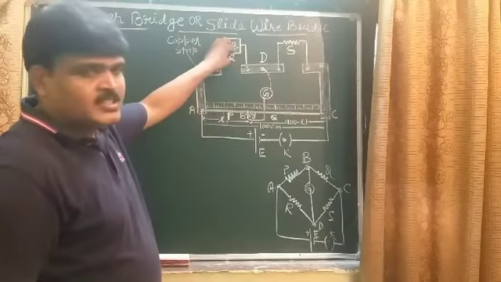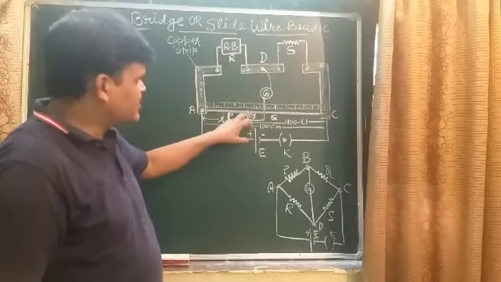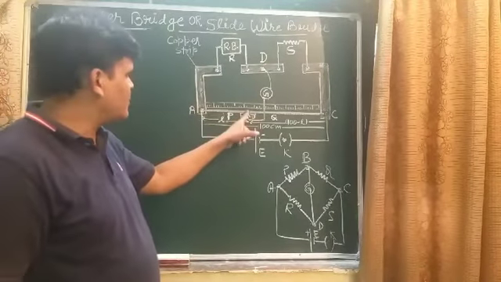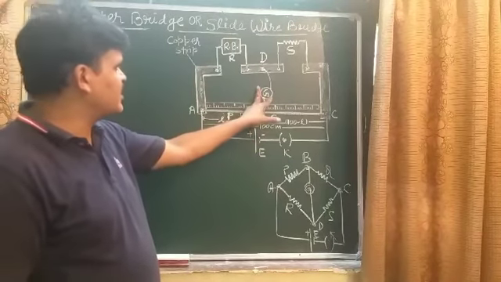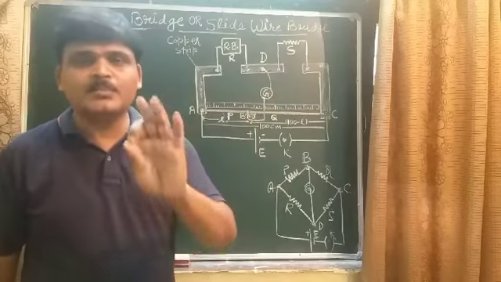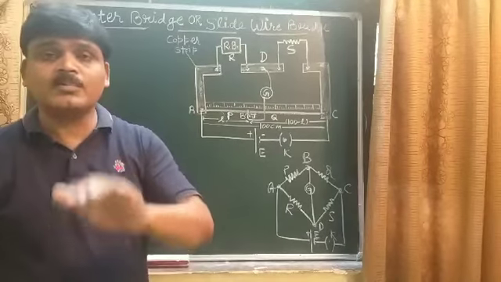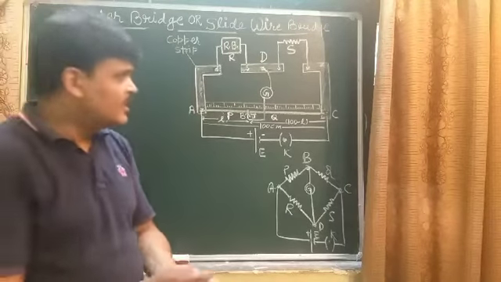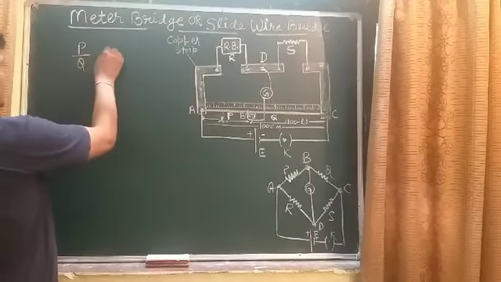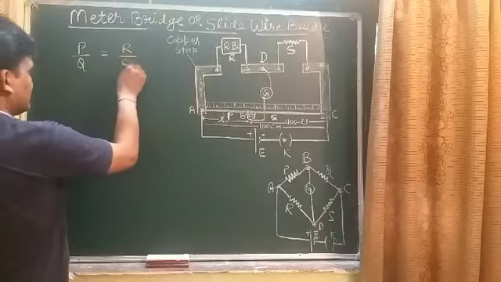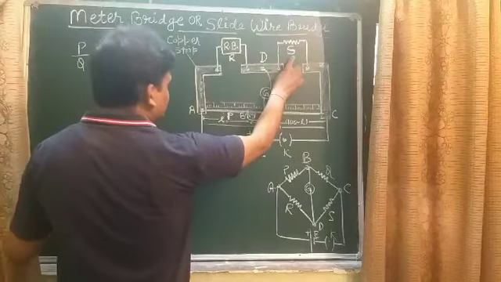when a suitable resistance is taken from the resistance box and the jockey touches the wire AC at a point B, suppose there is no deflection in the galvanometer, then we can say the bridge is balanced. At the balance condition of the Wheatstone bridge, we know the formula P by Q equals R by S, where R is the known resistance and S is the unknown resistance.